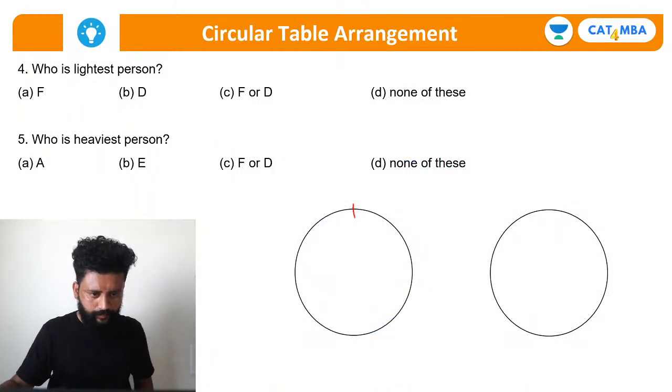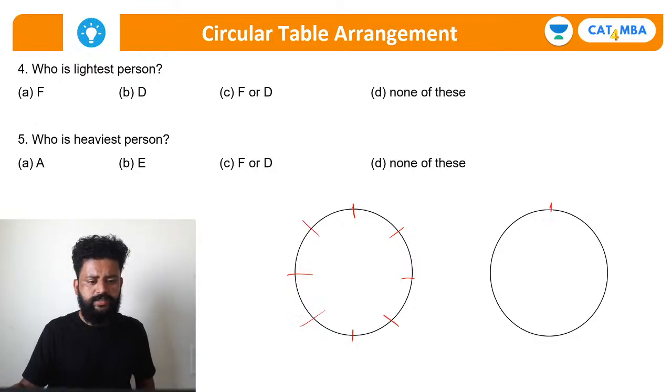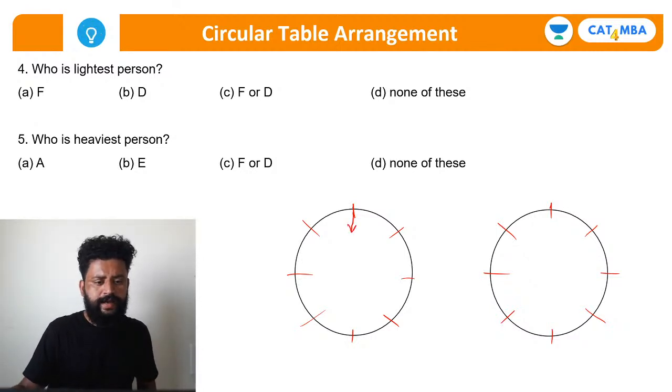If I take the lightest person and we go in the clockwise direction, I'll start from the upside only, so it will be very easy to understand. What is the clockwise direction, guys? If here is the lightest person facing, that's what we know.